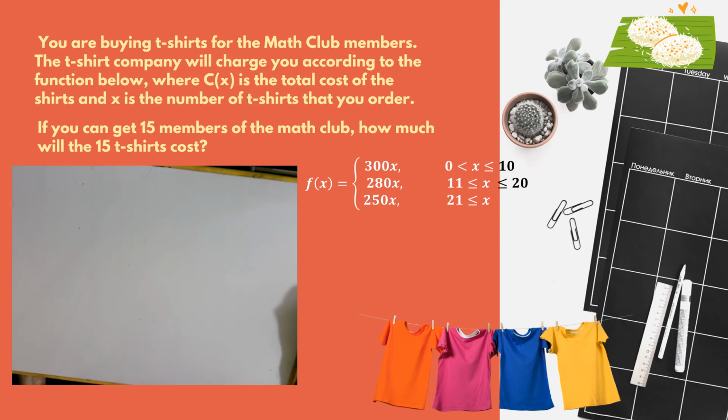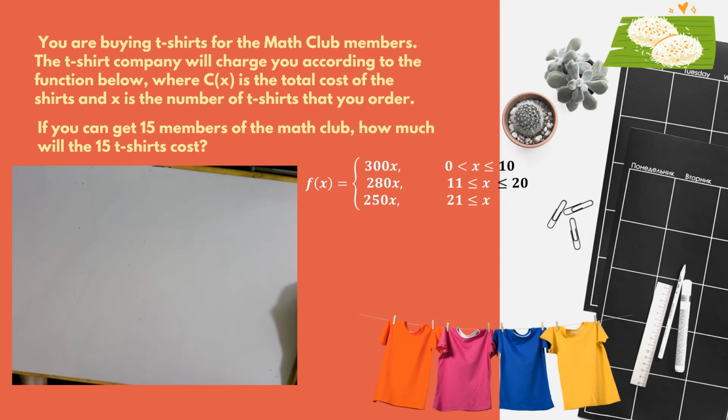Ngayon, if x represents the number of t-shirts, so ang ibig sabihin po nitong x is greater than 0 or less than or equal to 10. Means, kung yung o-orderin na t-shirt ay greater than 0, edi 1 yun, no? Tapos, less than or equal to 10.